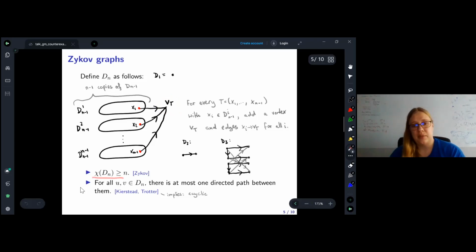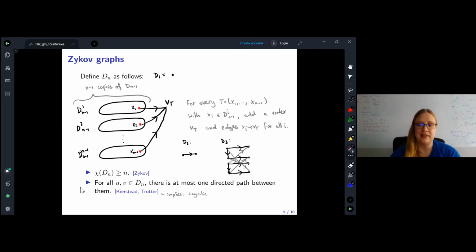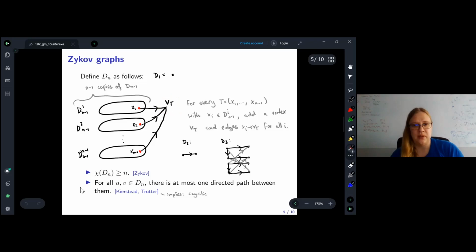But the chromatic number of Dn is at least n, certainly true for D1. And now for Dn, if we assume that I need at least n-1 colors to color Dn-1, we can show that n-1 colors are not enough for Dn, because if there was an n-1 coloring of Dn, I would use all n-1 colors here, and I would use them all here, and I would use them all here.